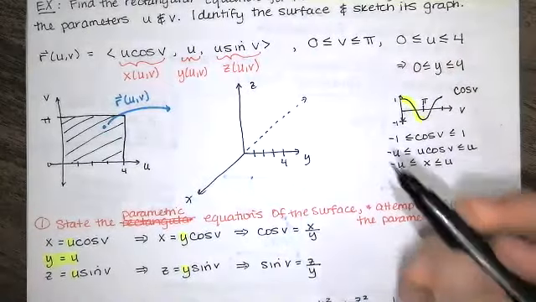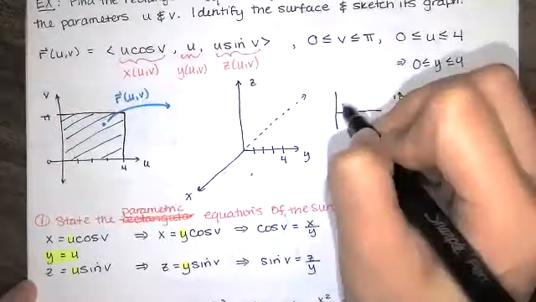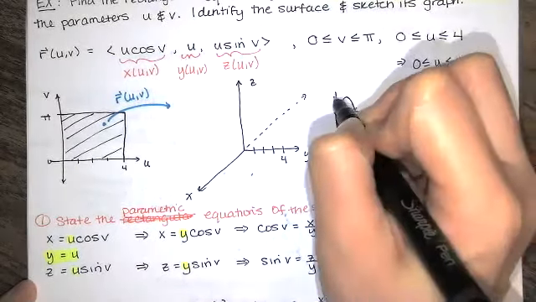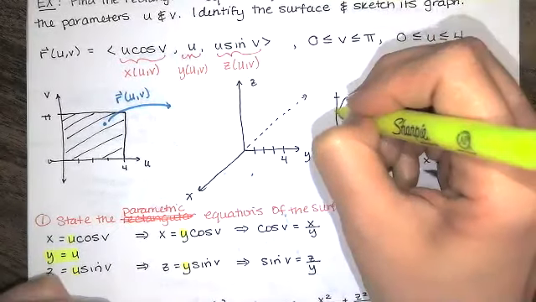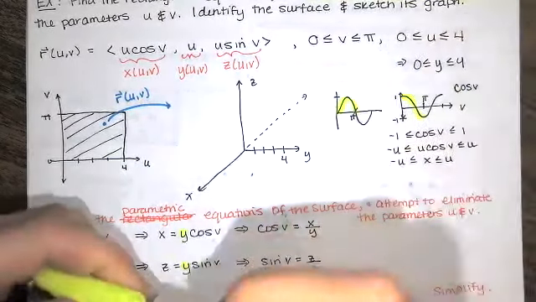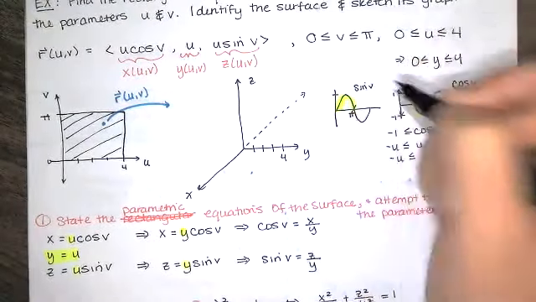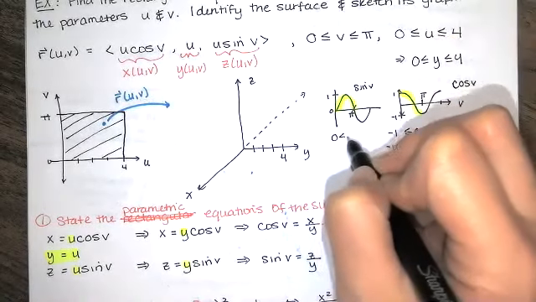And then similarly, let's look at the sine curve. Sine looks like this. But if we're on the interval from 0 to pi, sine doesn't take on all of its values. Sine just goes from 0 to 1 on that interval.